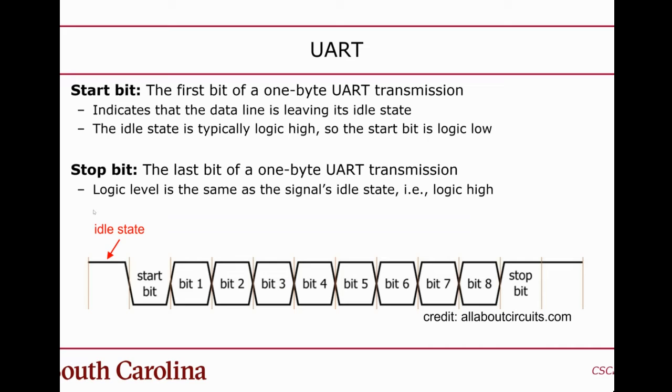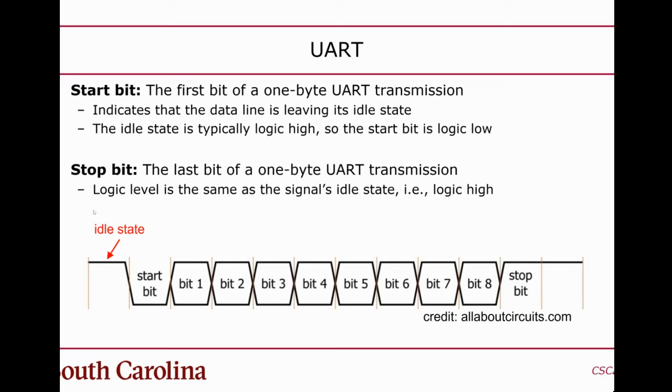UART's a point-to-point connection, so the start bit will only be sent on the transmit pin, and only one chip should be driving the wire connected to any one chip's transmit pin. I know it's kind of confusing, but basically what that means is it's point to point, so you don't have to worry about collisions or anything like that.